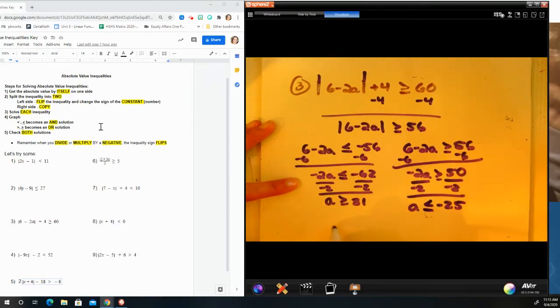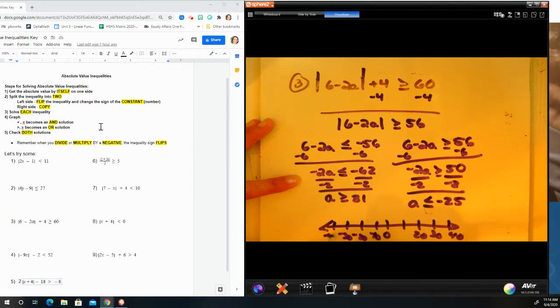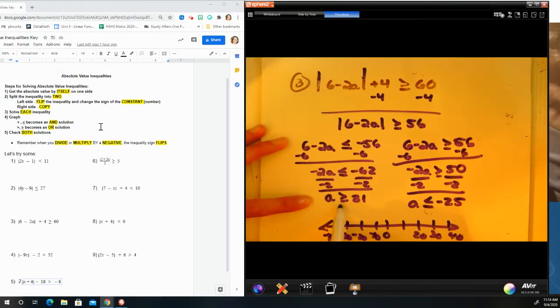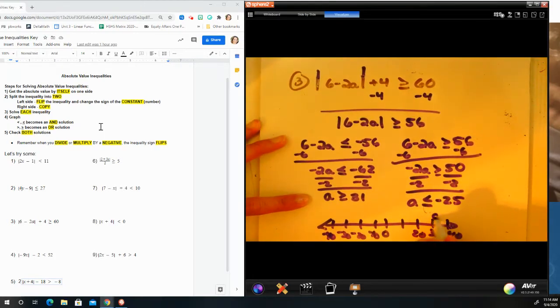On my number line, if I look at these solutions, I'm going to just count by 10. So 10, 20, 30, this would be 40. And negative 10, negative 20, negative 30, negative 40. So greater than or equal to 31, I would be like here, solid that way.